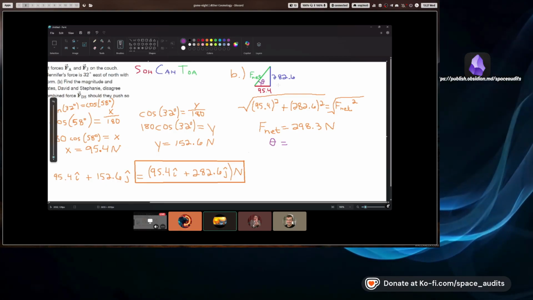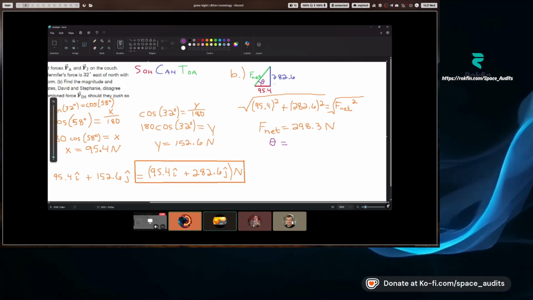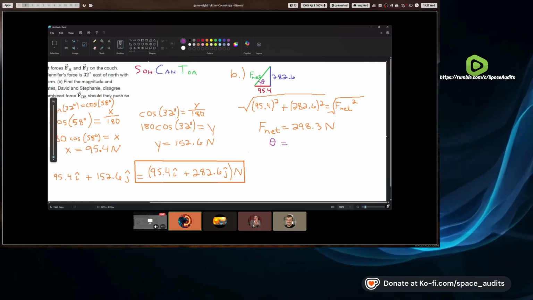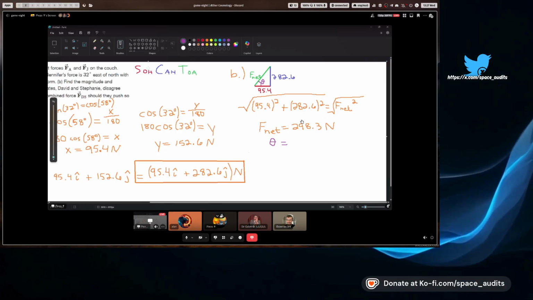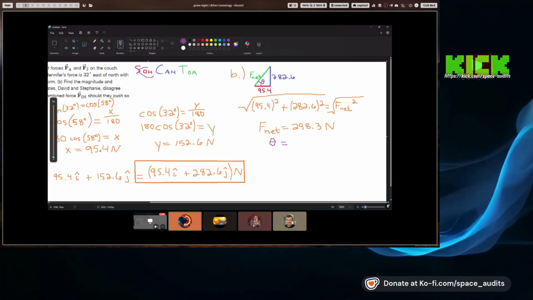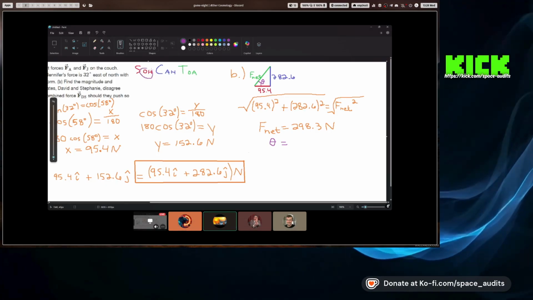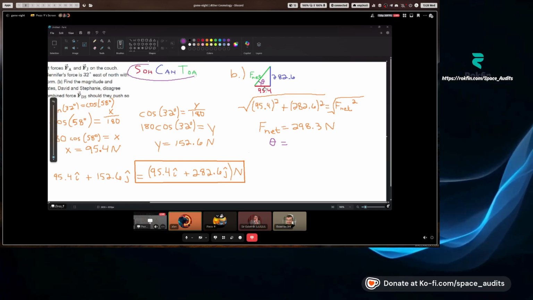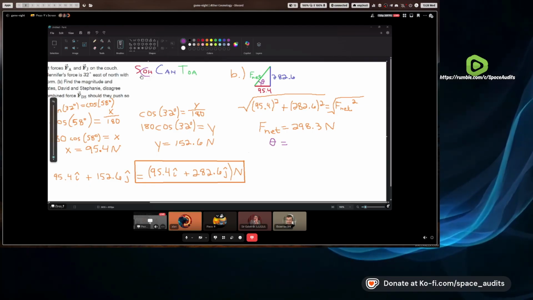A sine. So sine is what? Sine is going to be the opposite over the adjacent. No, that would be tangent. Look at my SOHCAHTOA thing up here. Oh, sorry, you're right. Opposite over hypotenuse.